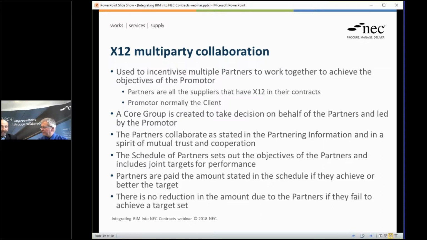It's worth bearing in mind that X12 only ever works as a positive incentive to encourage performance. There's no negative reduction in payment if people fail to achieve certain dates. That's how X12 has been designed.